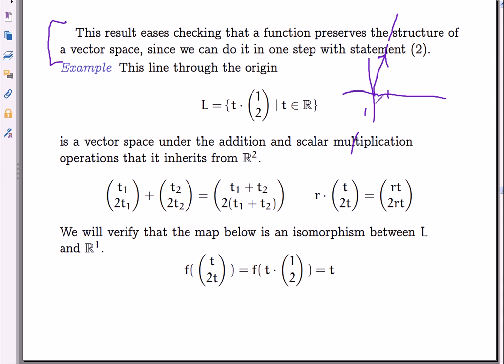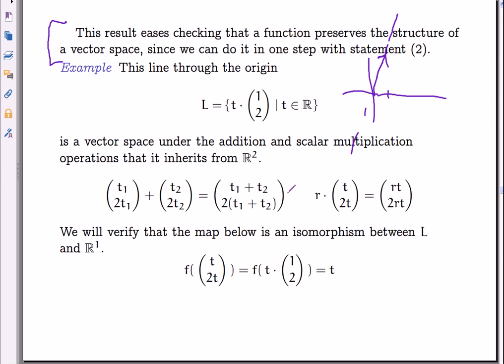You can define an addition and a scalar multiplication on all the vectors in L. Because L is a subset of R2, the vectors in L have the same operations as the vectors in R2. And this is how it works out.